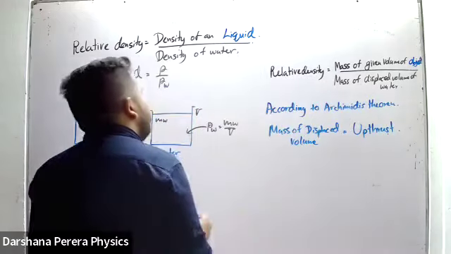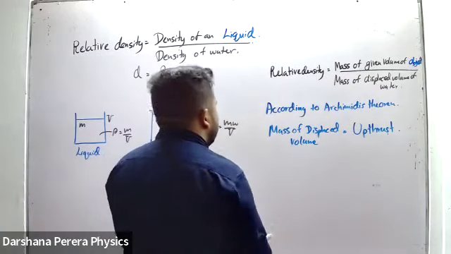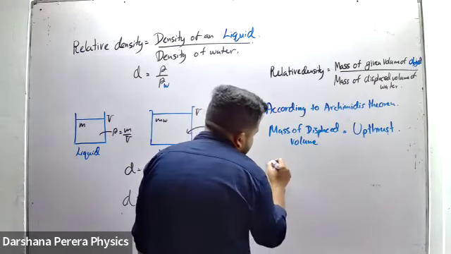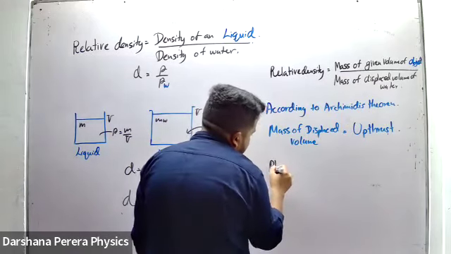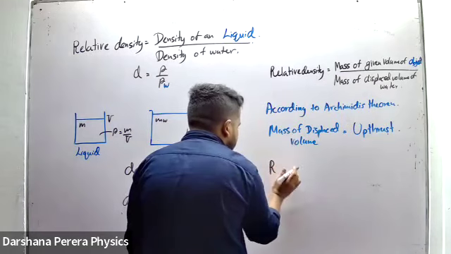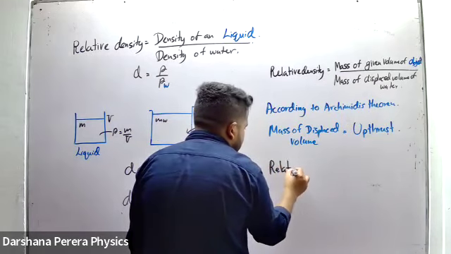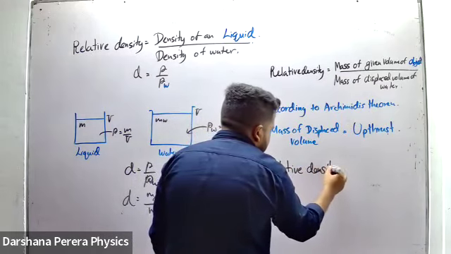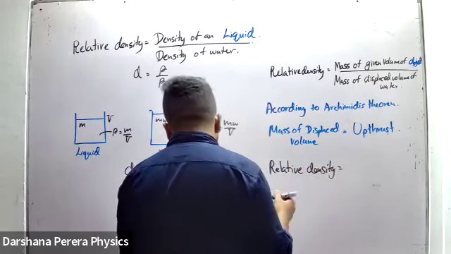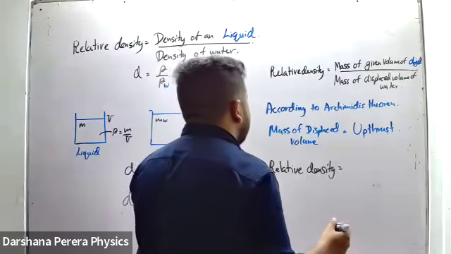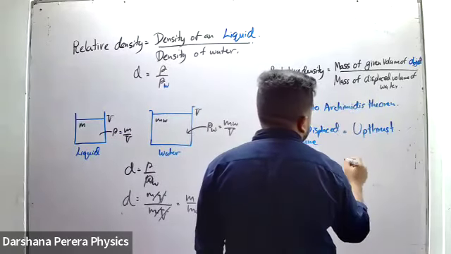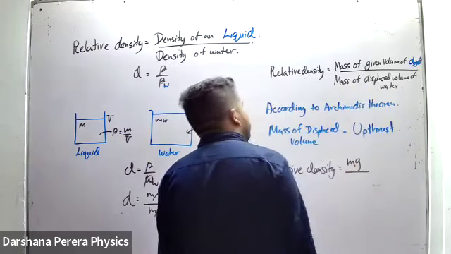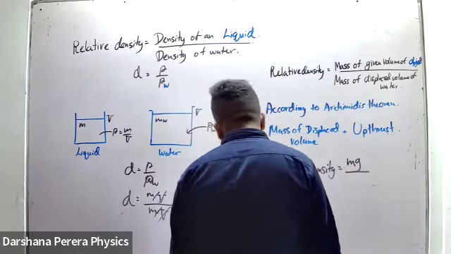So therefore, relative density can be taken as the mass of the given volume of the object, that means mg, over the mass of the displaced volume of the water, that means upthrust.